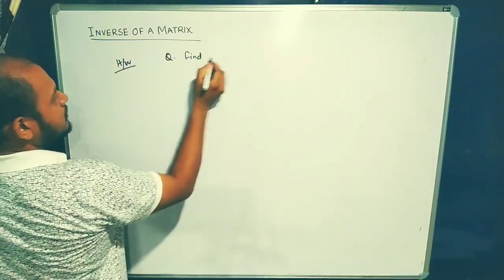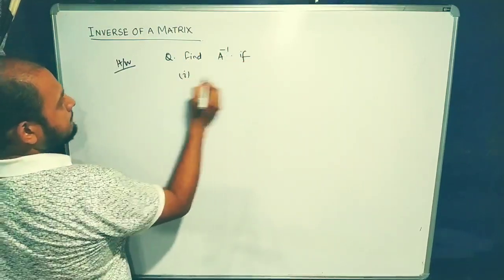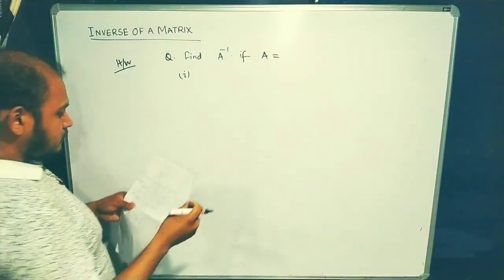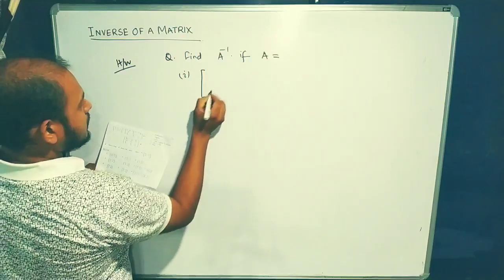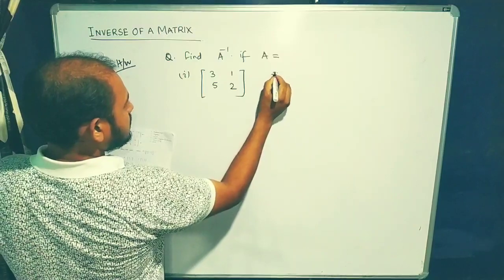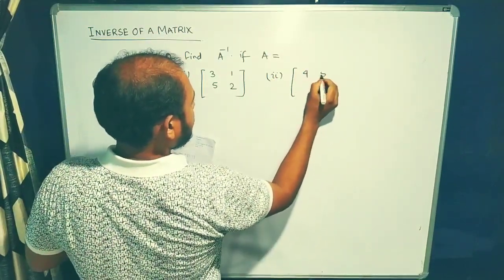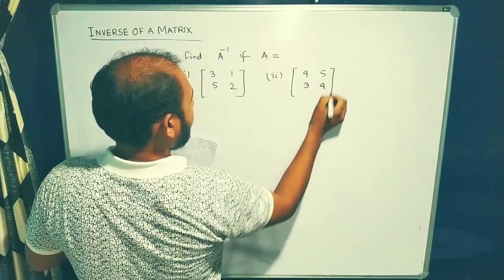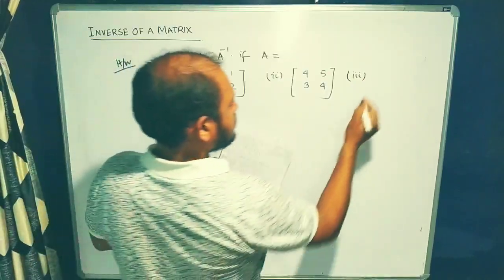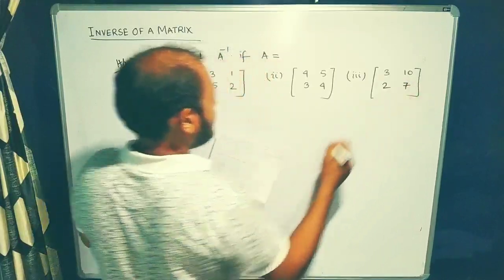Find A inverse if A is equal to, number 1, 3 1 5 2. Another question, 4 5 3 4. Another question, 3 1 0 2 7. Try to solve this at home.